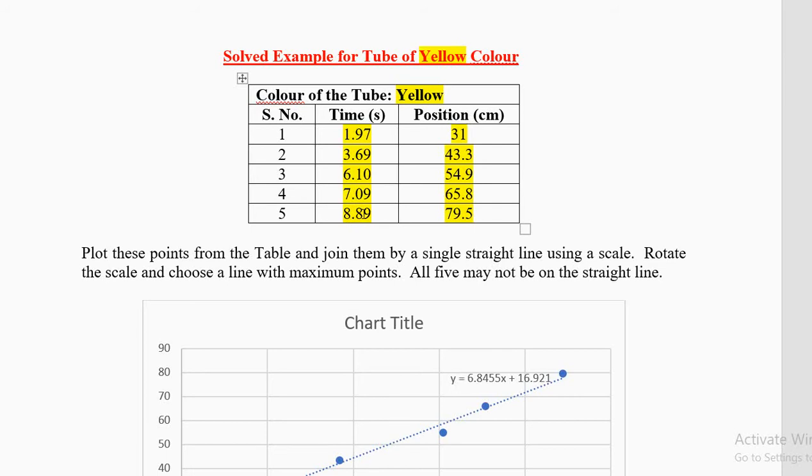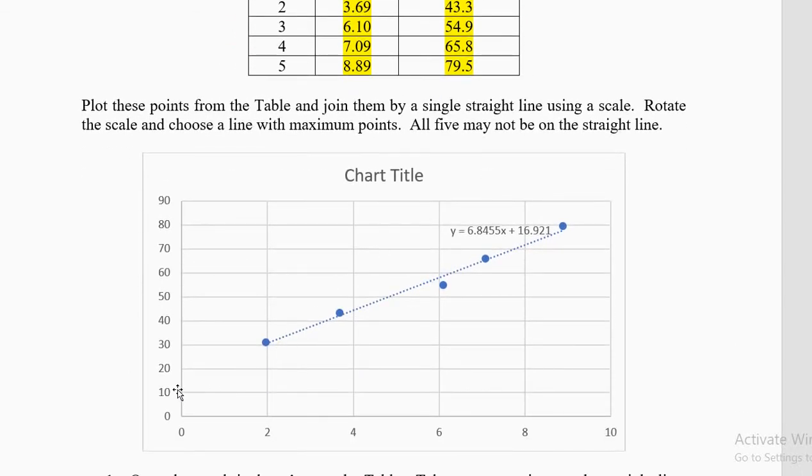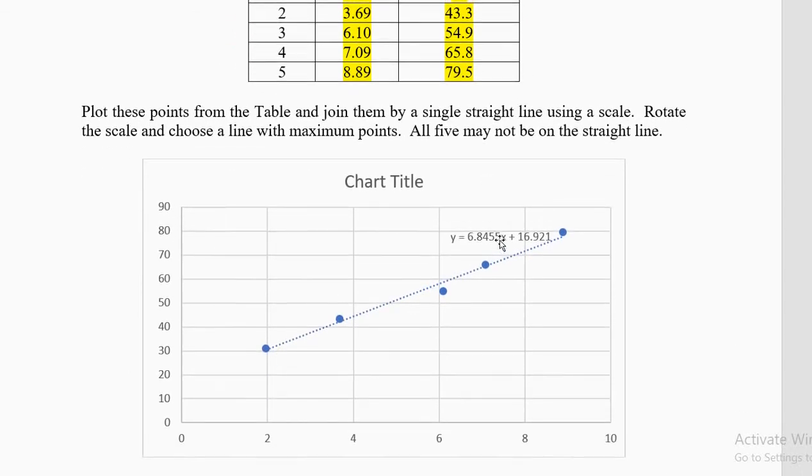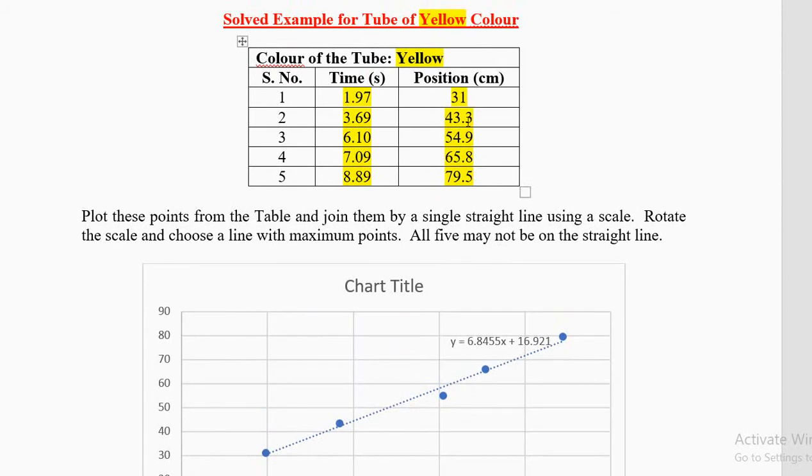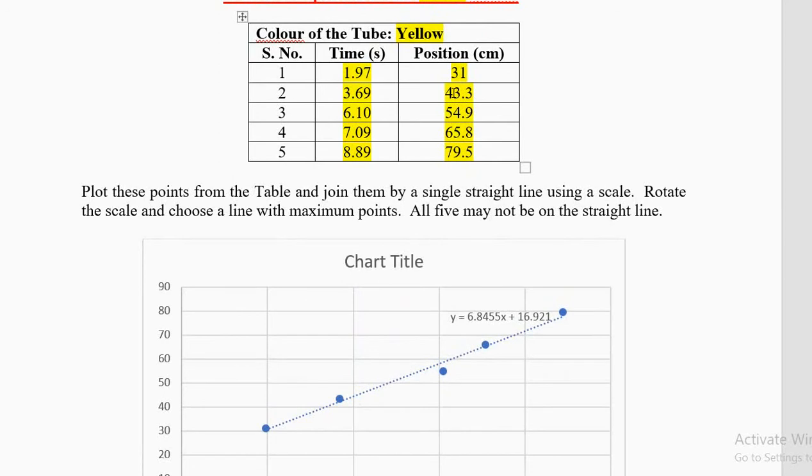Do not round it off to 9. Then it depends what scale you use. Sometimes you will not be able to see any point in the graph. So 43.3 will be 43, 54.9 will be approximated to 55, 65.8 will be approximated to 66, and 79.5 will be approximated to 80.